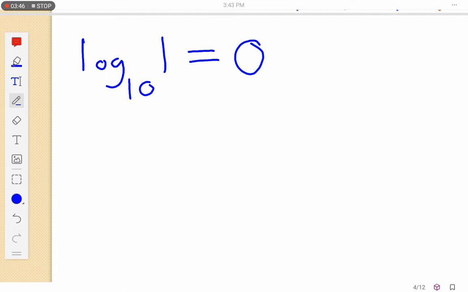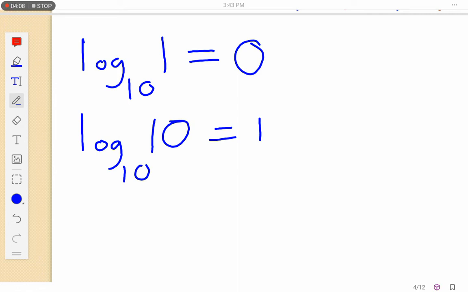Let's have another example. Log 10 base 10. This now is equal to 1. Remember we say the logarithm of a number is the power to which 10 is raised to give that number.